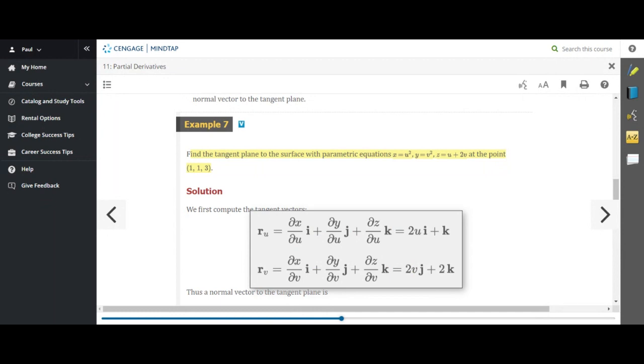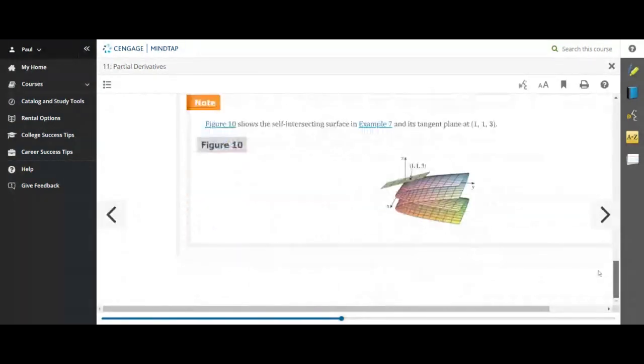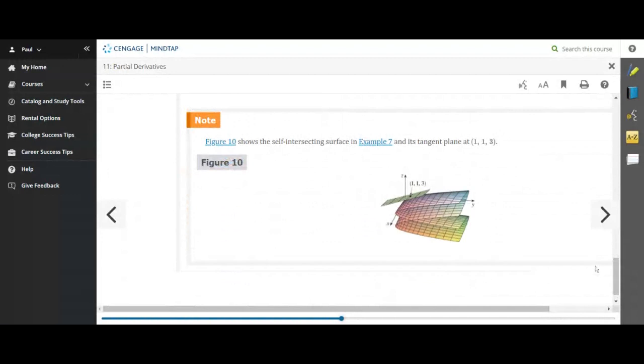Those parametric equations highlighted in yellow above, if you differentiate each of them with respect to v, holding u constant, that's going to give you 2v j plus 2k. And by the way, here's a picture of what's going on. There's that surface, and there's the tangent plane we're looking for.